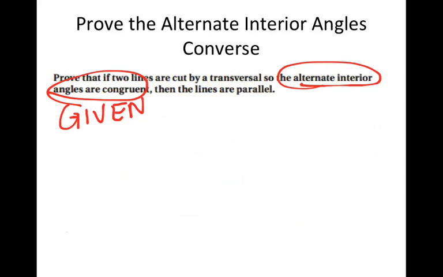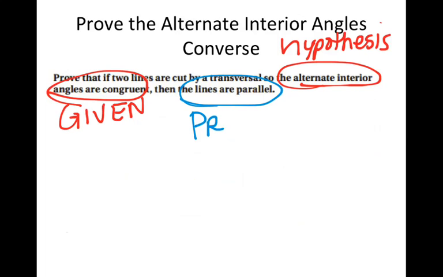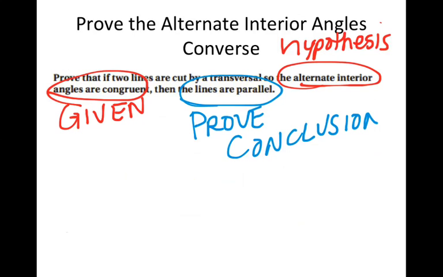That's coming from the hypothesis. Our conclusion is going to be the statement that we're trying to prove. This is coming from the conclusion. So the hypothesis is the given information. If we know the hypothesis is true, then we're trying to prove the conclusion is true.